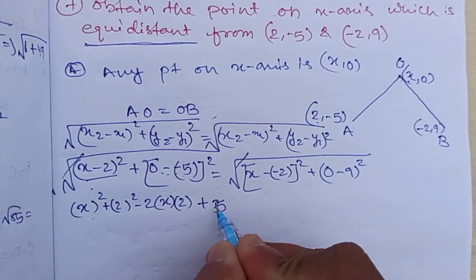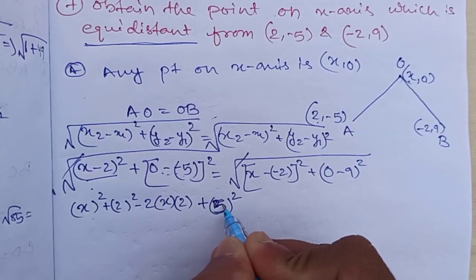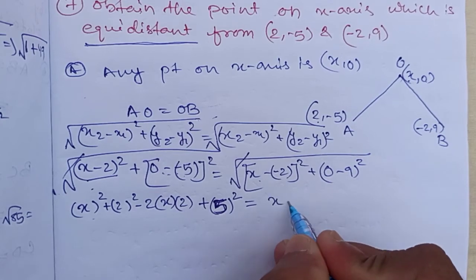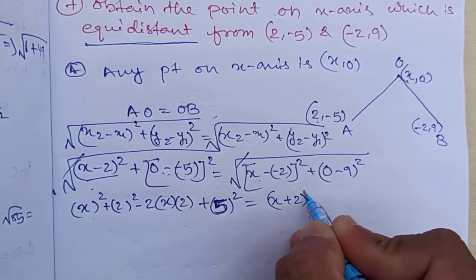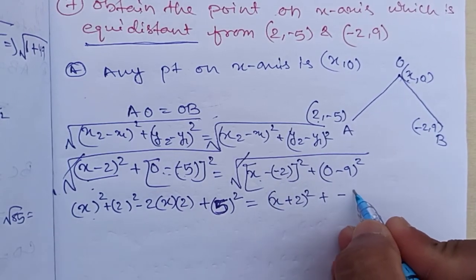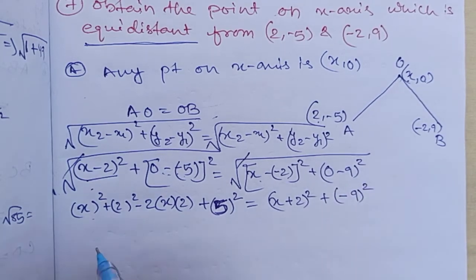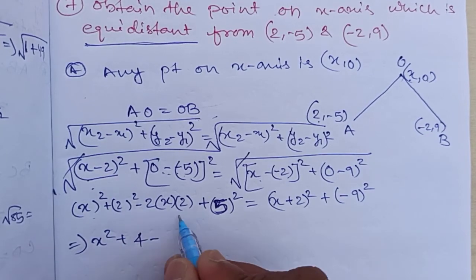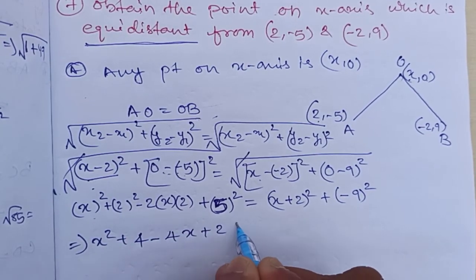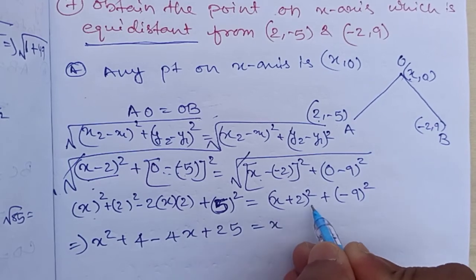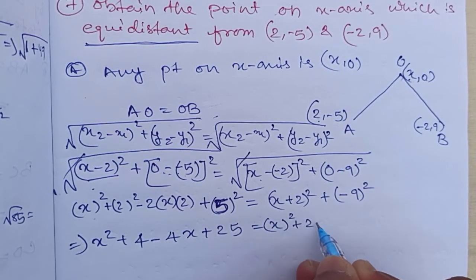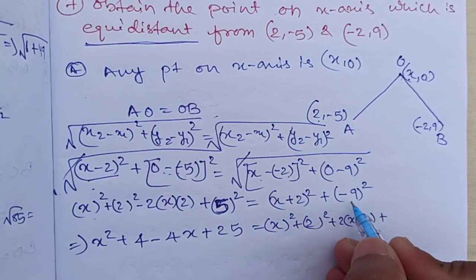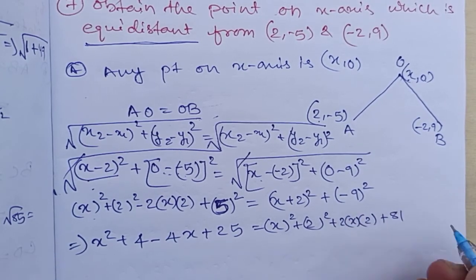So it is (x minus 2) square plus 5 square equals (x plus 2) square, since minus minus is plus, plus (0 minus 9) square, that is minus 9 square. Now x square plus 4 minus 4x plus 25 equals a plus b whole square, use a square plus b square plus 2ab, and 9 nines are 81.